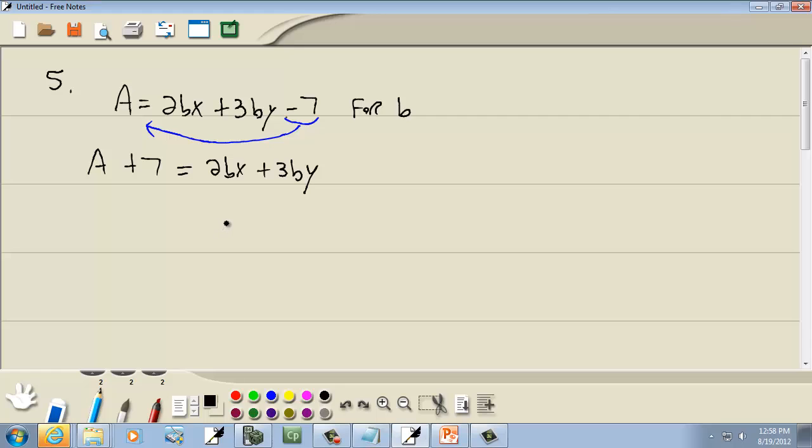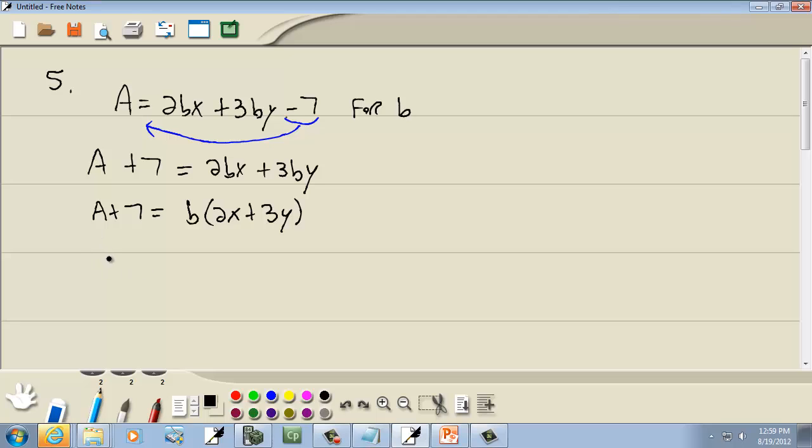Step 4 says if the variable you're solving for is in 2 or more terms, factor it out. Terms are separated by pluses and minuses. This B is in both terms on the right side, so I'll factor out a B, and that leaves us 2x plus 3y. Last step. Divide both sides by what is in front of or back of the variable you're solving for. There's nothing in front of the b, but after it is 2x plus 3y.